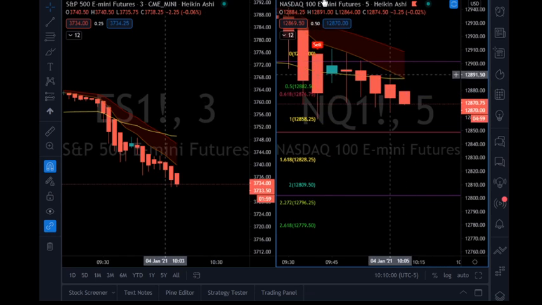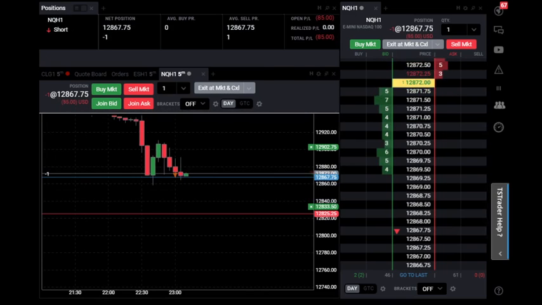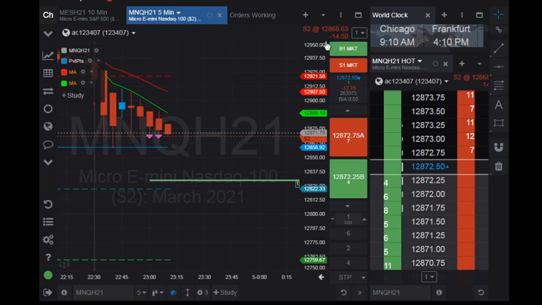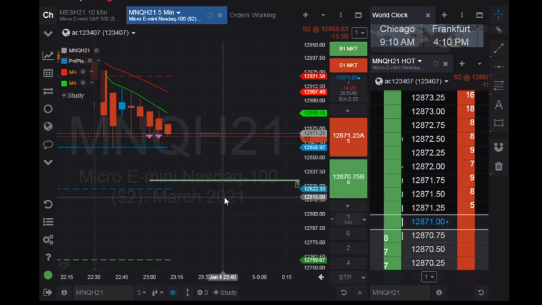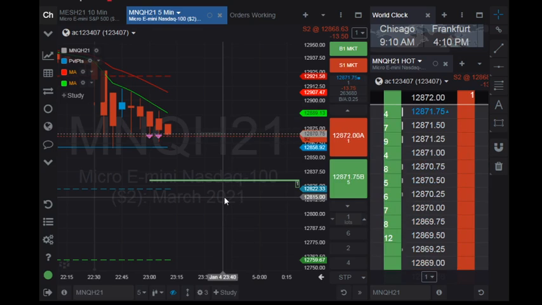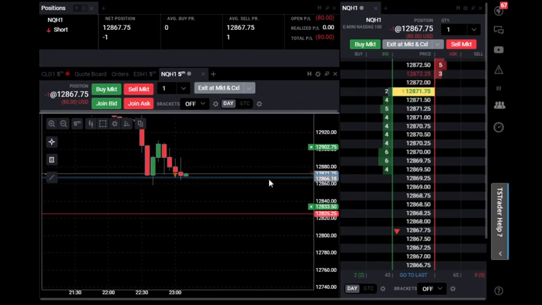We are in the short sell position at this moment, a bit on the minus side, about $100, and $15 from the micro. This one is from mini Nasdaq. This account is from the micro Nasdaq. One belongs to the CQG broker AMP Futures, and the other one is Tradovate under a Topstep account.